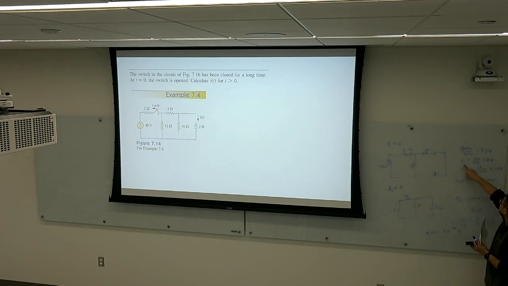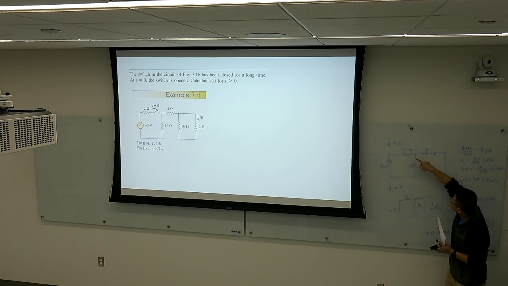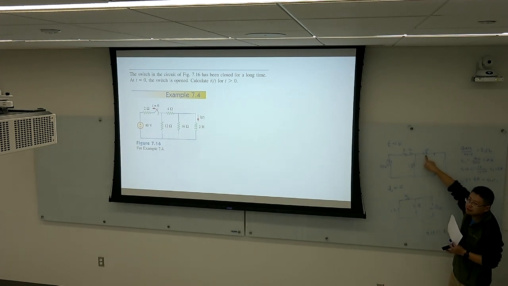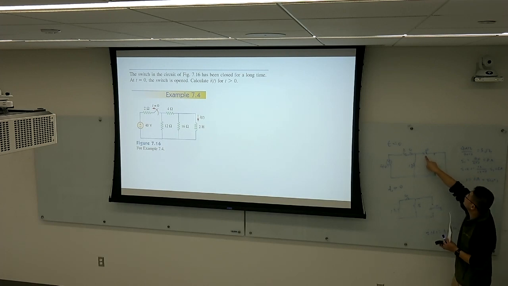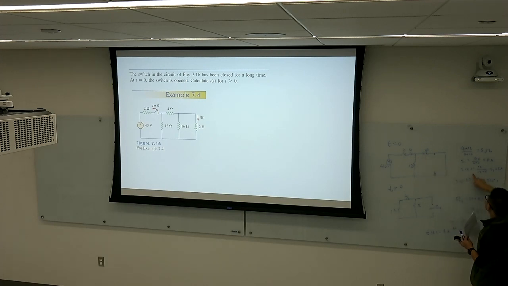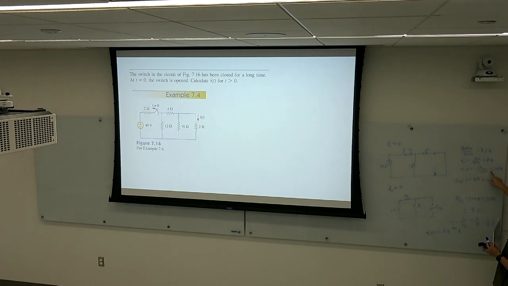So we calculate the current I1, that is 40 over 2 plus 3. And using current division, because we know the values of these two resistances, the current I_L, that is the current flowing through this 4 ohm resistor, equals 12 over 12 plus 4 times I1.